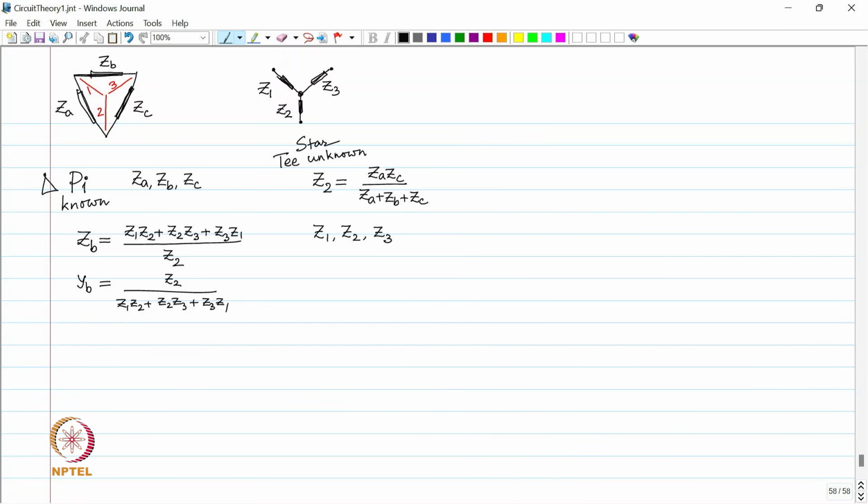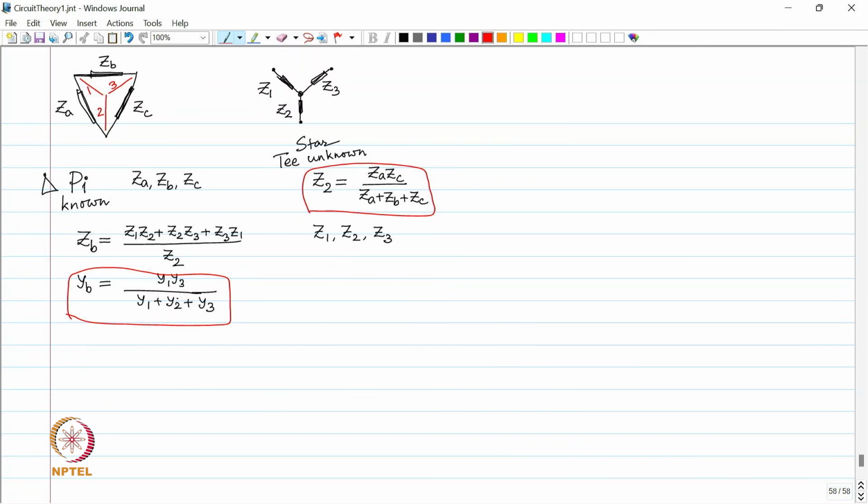What is going to happen to the numerator? Y1, y3 divided by y1 plus y2 plus y3. Okay, and now you see suddenly that both the expressions, this one as well as this one, they are basically the same expression.